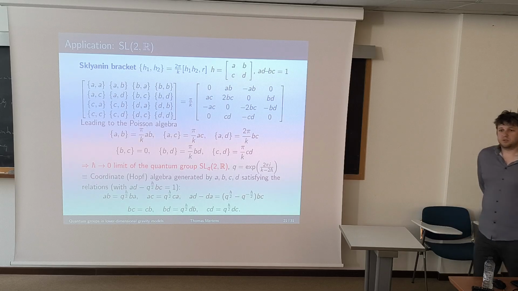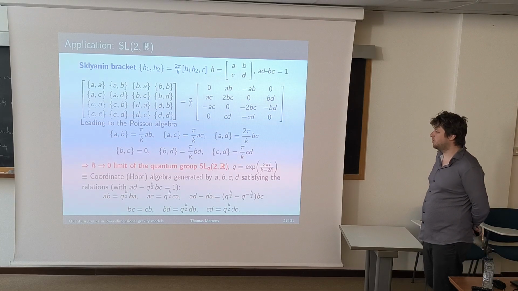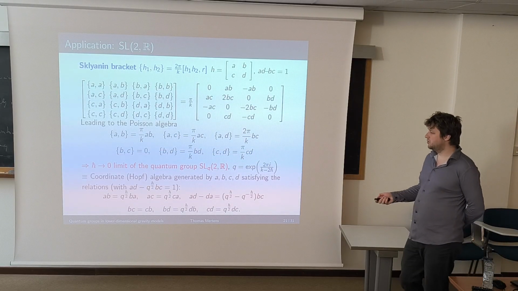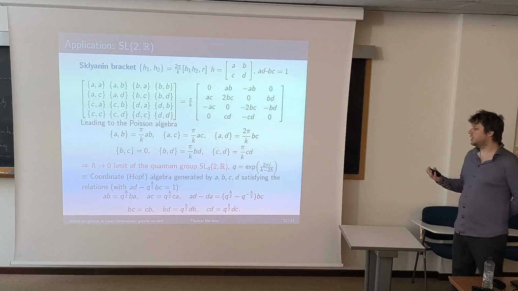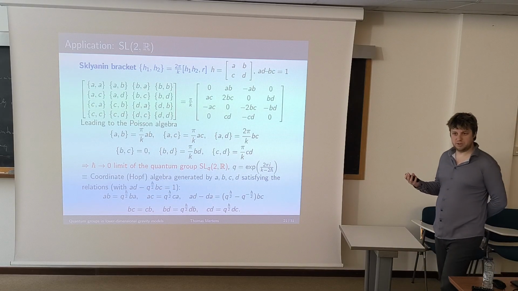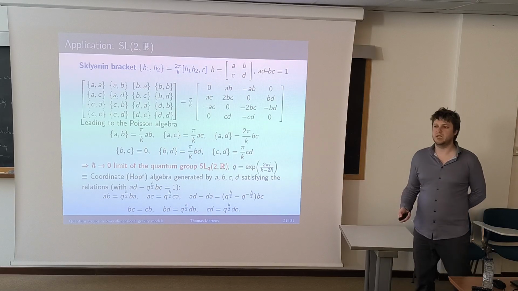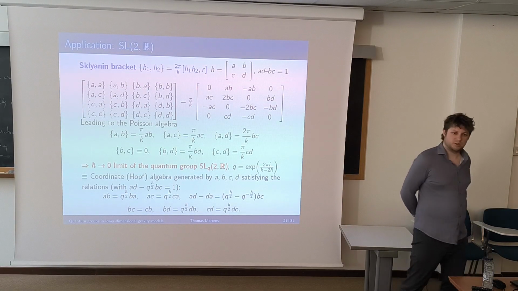Now this type of Poisson algebra, you can recognize this as an h bar to 0 limit of the quantum group SL_q 2R. So if you look at the literature, the quantum group SL_q 2R is an algebra that's spanned by A, B, C, D, which are non-commuting, and they satisfy in particular those types of relations. So AB is not BA, but there's a price of q to the half that you pay if you try to swap them.